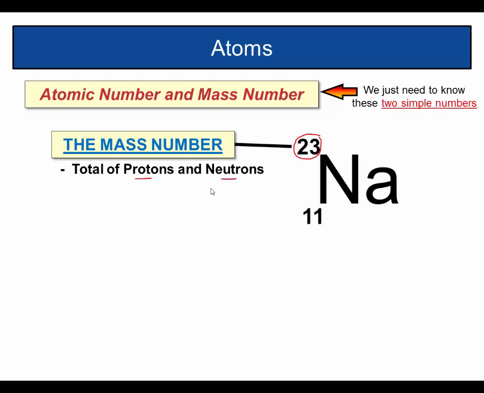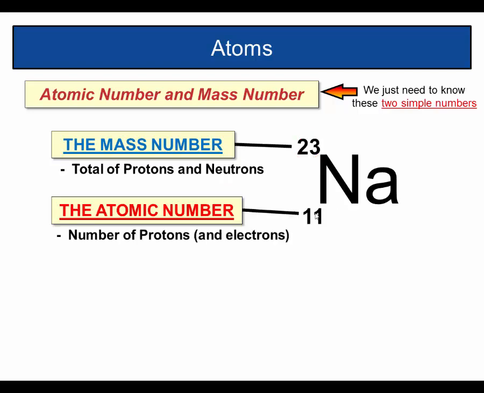Do you remember we said most of the mass is in the nucleus, and in the nucleus you've got protons and neutrons. The atomic number is the smaller number of the two, so here it's 11, and it tells you the number of protons you've got and also how many electrons.